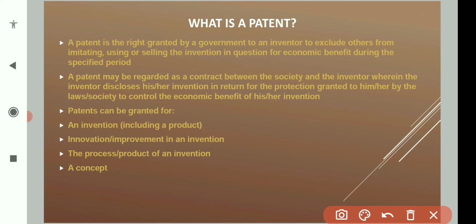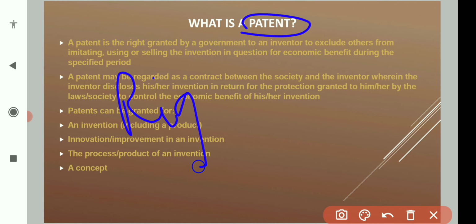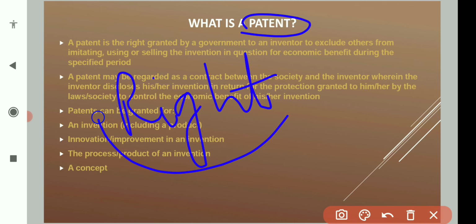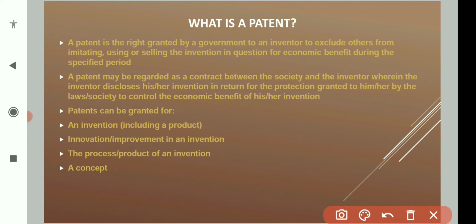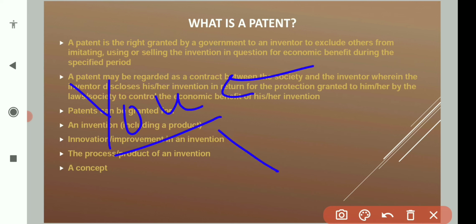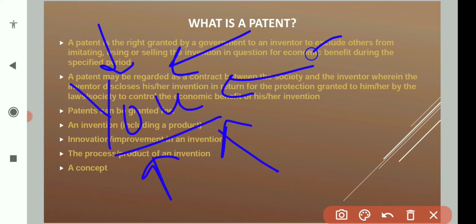Basically, these patents are the rights which are given to the inventor of a particular invention. So if you are an inventor, you will be given certain rights to exclude other persons from taking benefits from your invention.